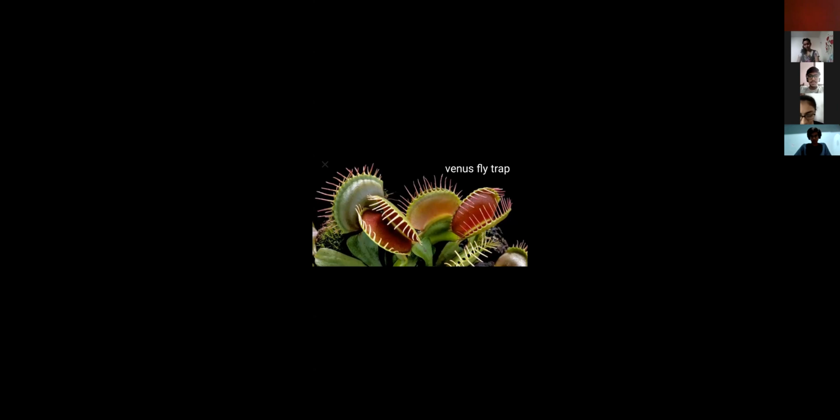So in insectivorous plants, some of the leaves get modified into a specialized structure to capture the insect. See, here the specialized structure is formed with tentacles.